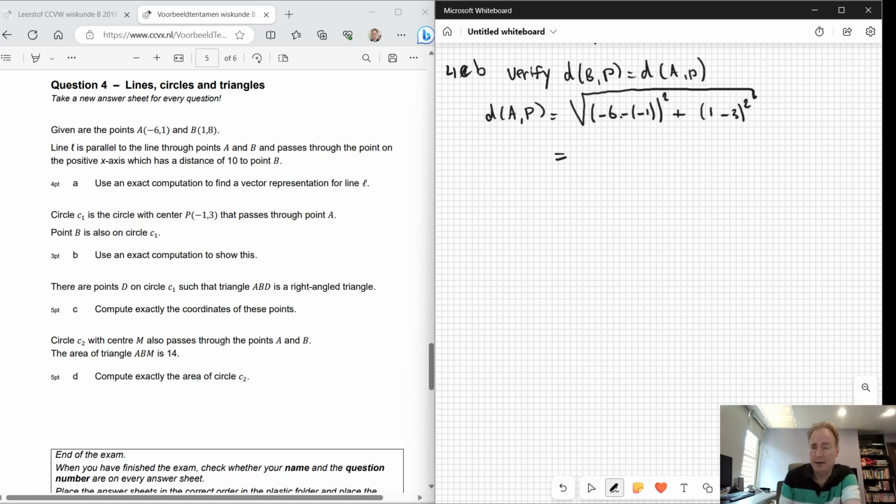No, -6 plus 1 is 5 squared plus 2 squared. That's the square root of 29.